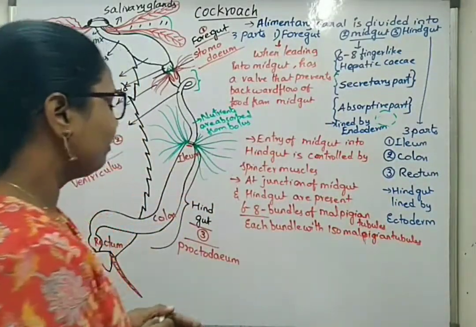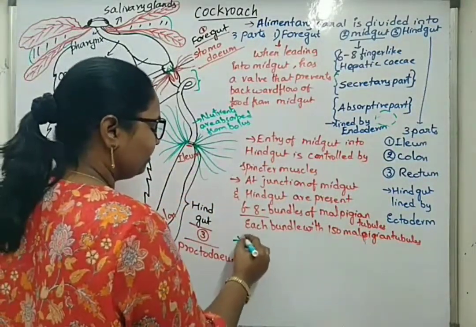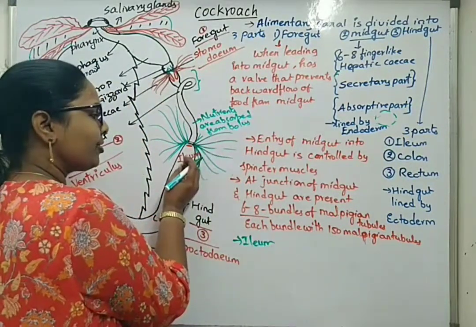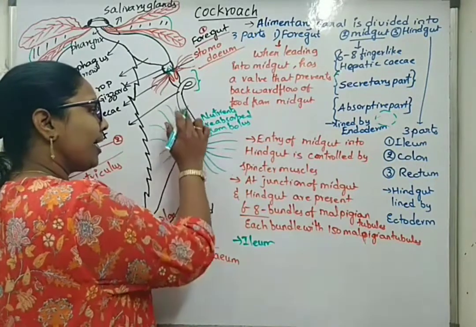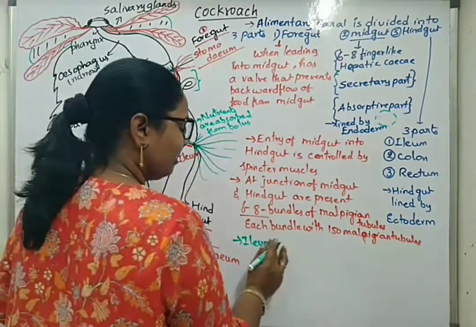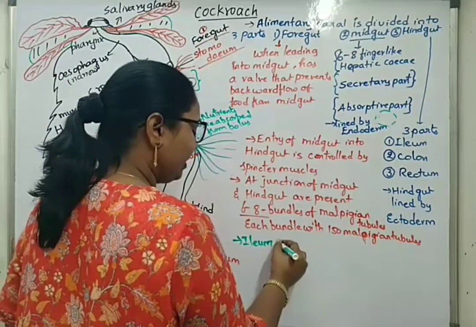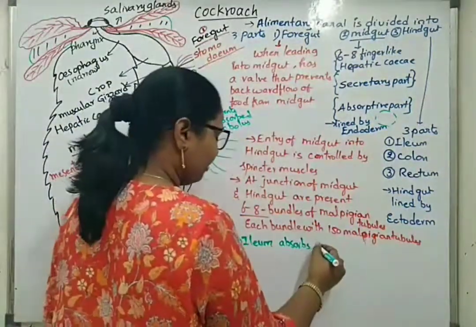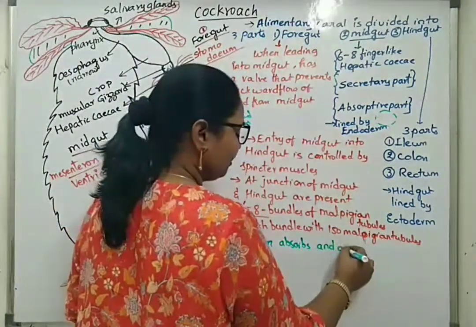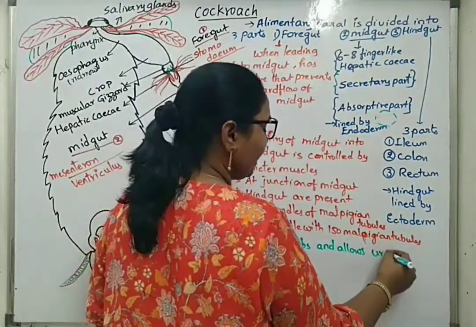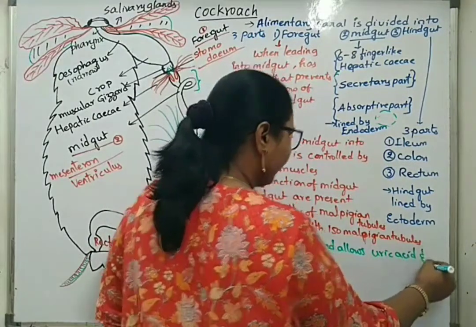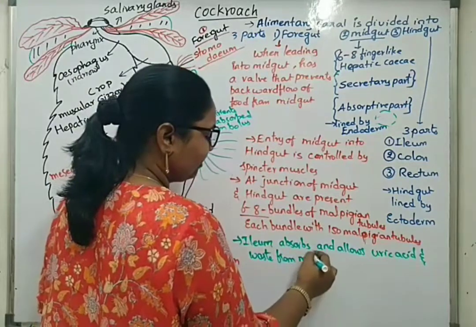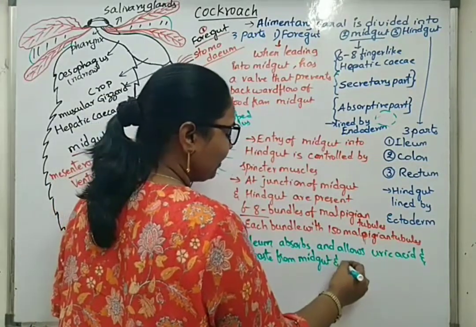Next, the ileum, which is present in the hindgut. It absorbs the uric acid and also the waste from the Malpighian tubules and also from the midgut. Ileum absorbs and allows uric acid and waste from midgut and Malpighian tubules.